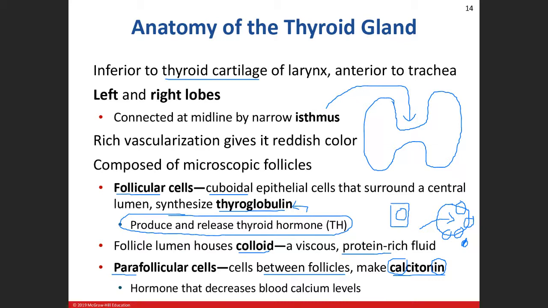So it inhibits their activity, but it also increases the level of urine excretion of calcium. So your kidneys will excrete calcium in your pee, and get rid of it. That's how I remembered it.